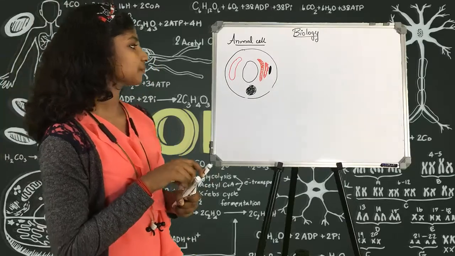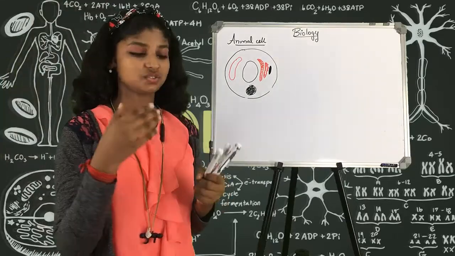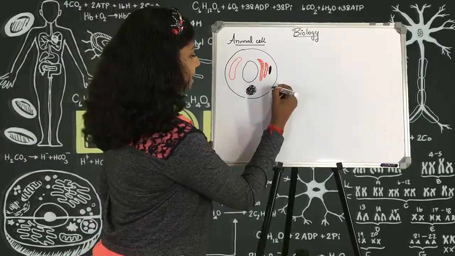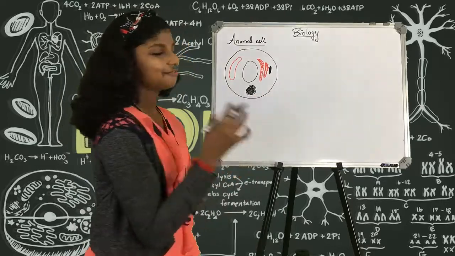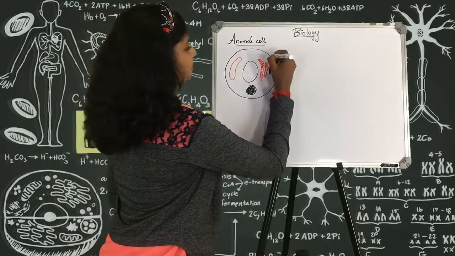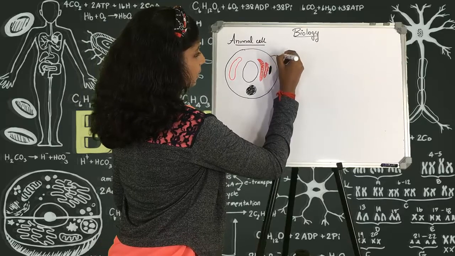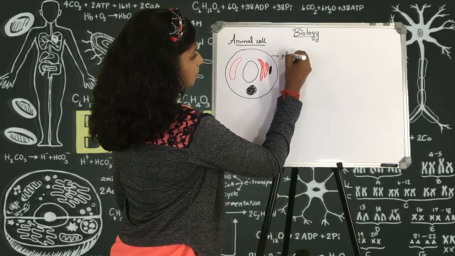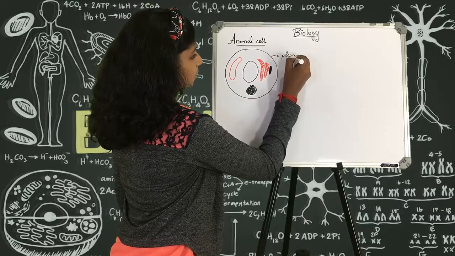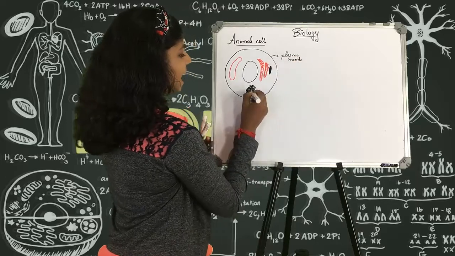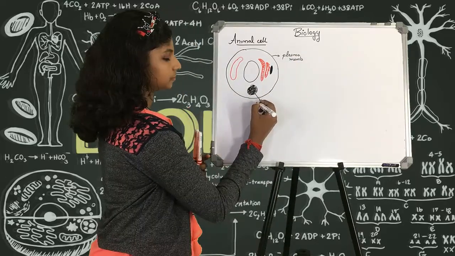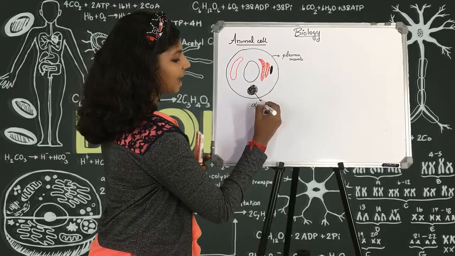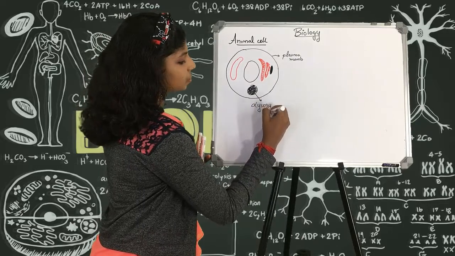Well guys, this is the structure of the animal cell, and firstly we have the plasma membrane. Then we have, so here we have the lysoenzyme.